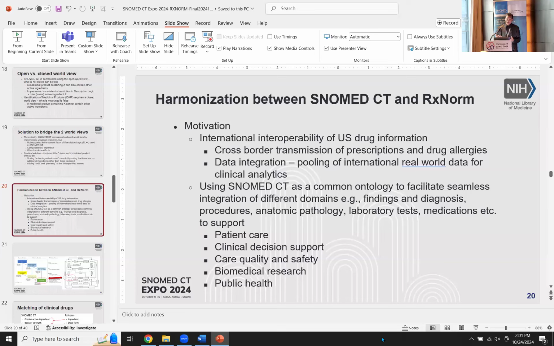For example, we can integrate diagnosis findings, procedures, lab tests, and medications together. Say you want to develop a patient care model or decision support system, then you can leverage all this information in different domains and use SNOMED as an overarching logical model to write your queries or your decision support rules.